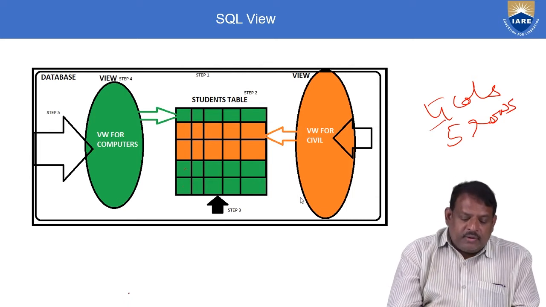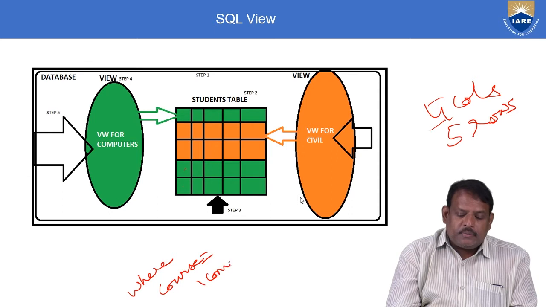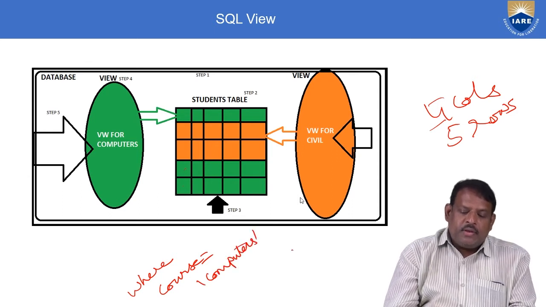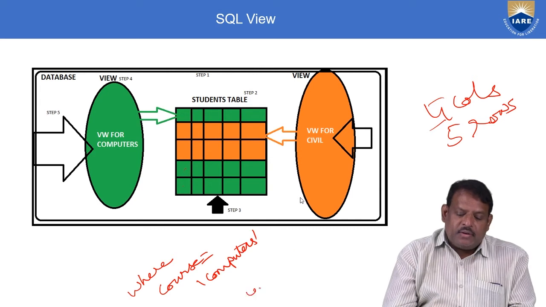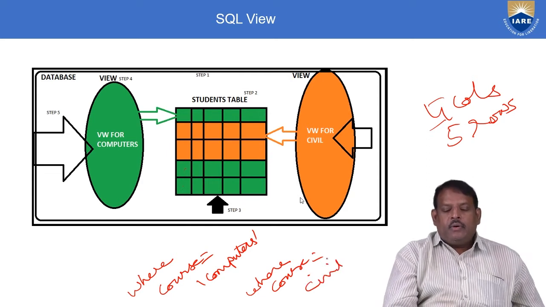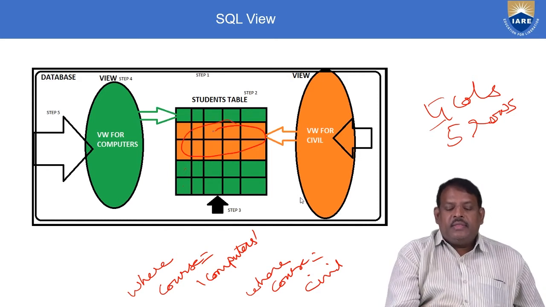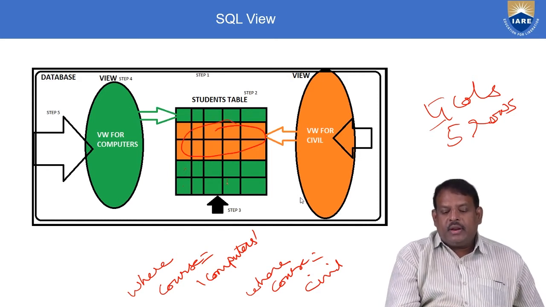We mentioned where course is equal to computers. Same way, a civil will say where civil. Now the orange data is the civil engineering data. The green color is the computer science data.